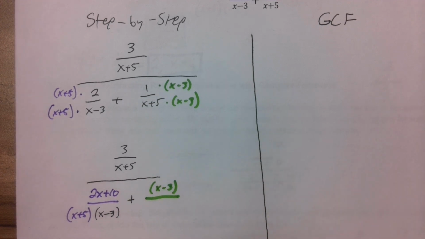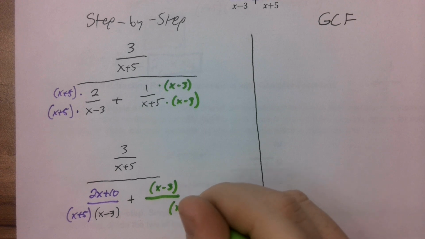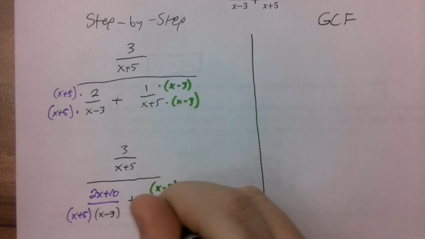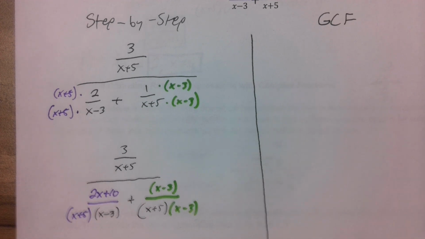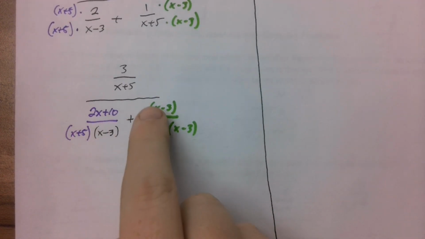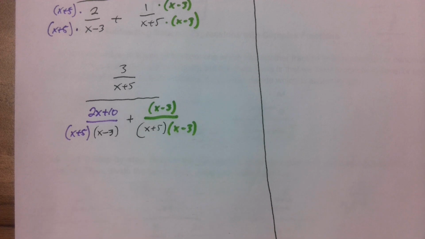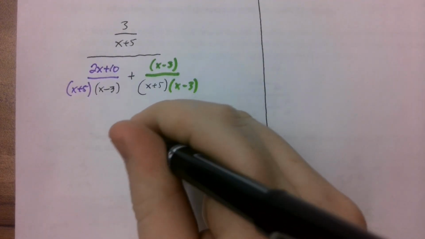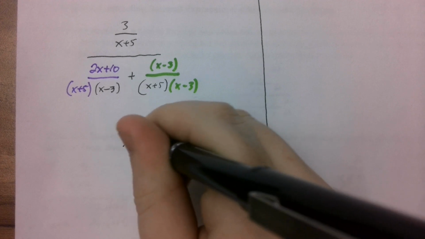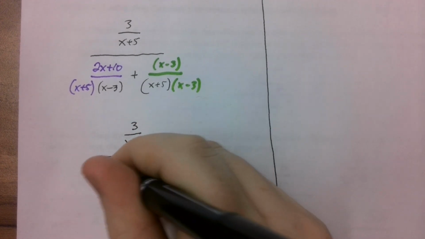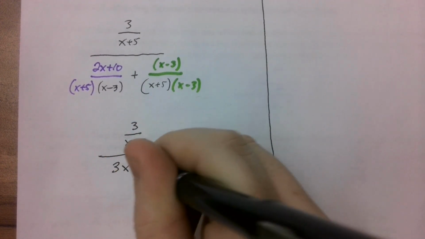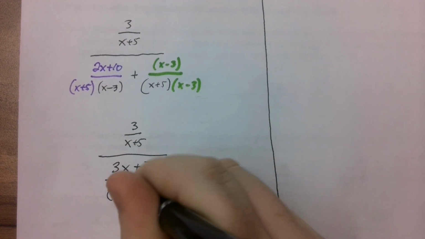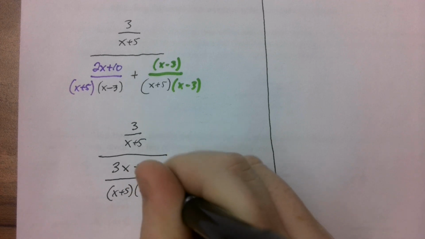And that's going to be divided by x plus 5 times x minus 3. When we do 2x plus x and 10 plus negative 3, we get the following simplified fraction. We get 3x plus 7 over x plus 5 times x minus 3.